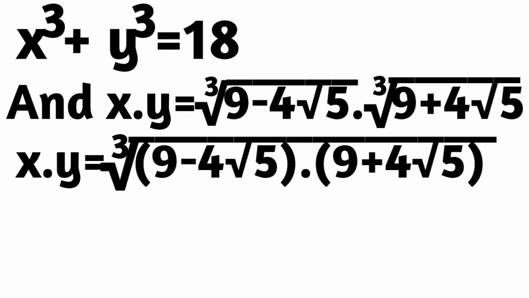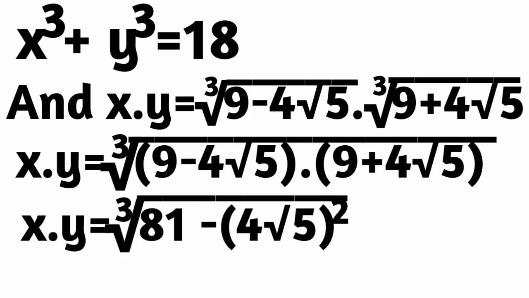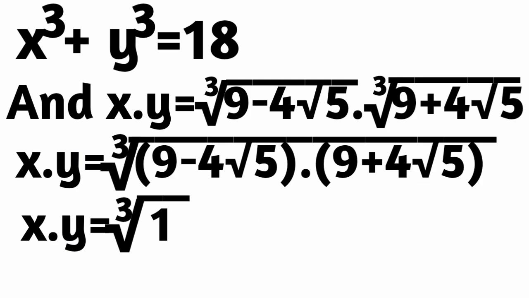Similarly, in order to find the value of x into y, we multiply the corresponding values of x and y, and using the basic identity a minus b into a plus b equals a square minus b square, we get x into y equal to 1.